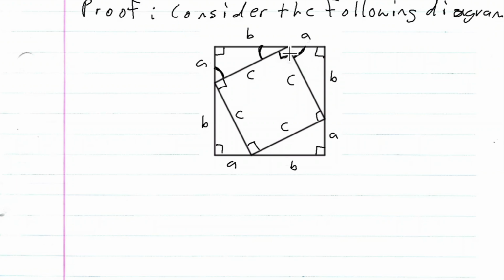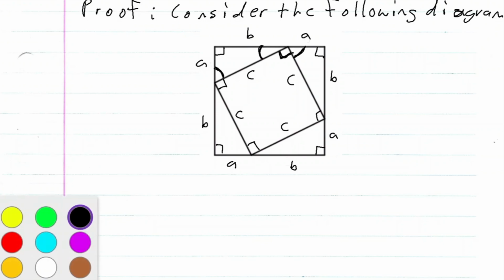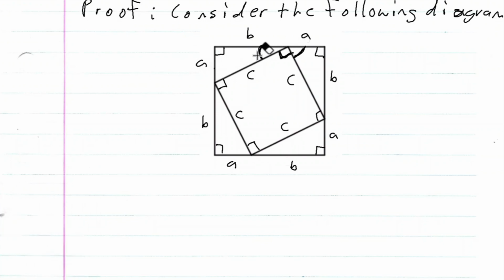And this angle here must be 90 as well because the sum of these three angles has got to be 180, so that means this has got to be 90. And that same reasoning goes for all of these other ones, making this a square. And of course, all the sides are the same. So that's the justification for why it is a square in the middle.